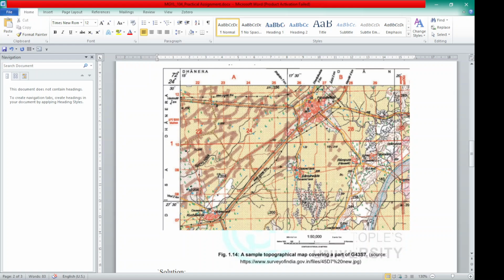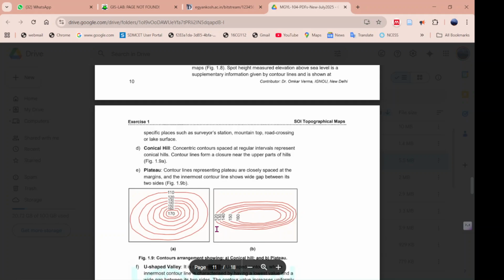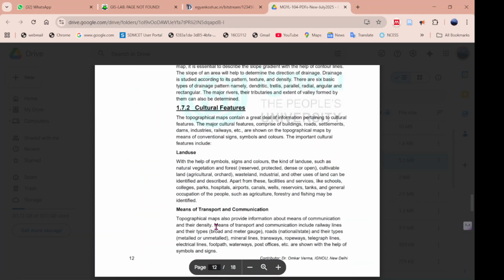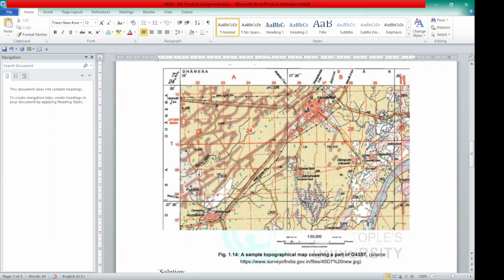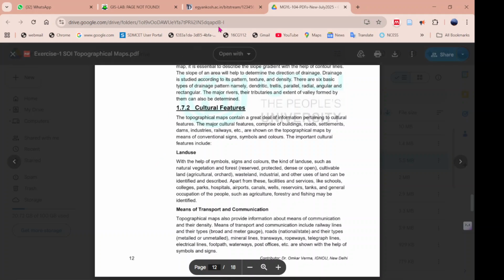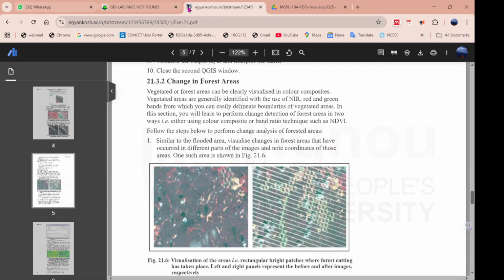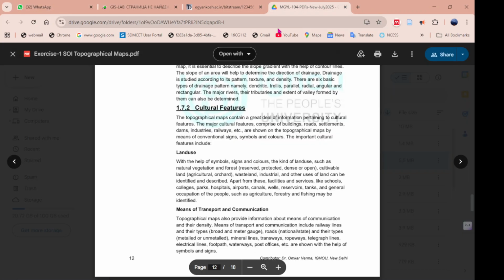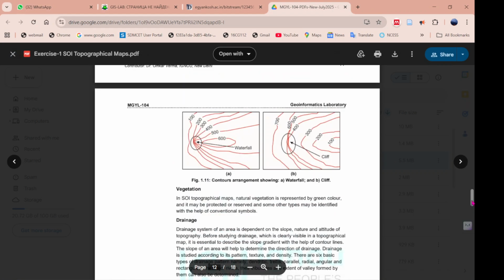Not able to find any contour lines over here. I'm wondering what these are. So let me see if I'm able to find this particular topo sheet. If at all I'm able to find that topo sheet, it is going to be helpful.